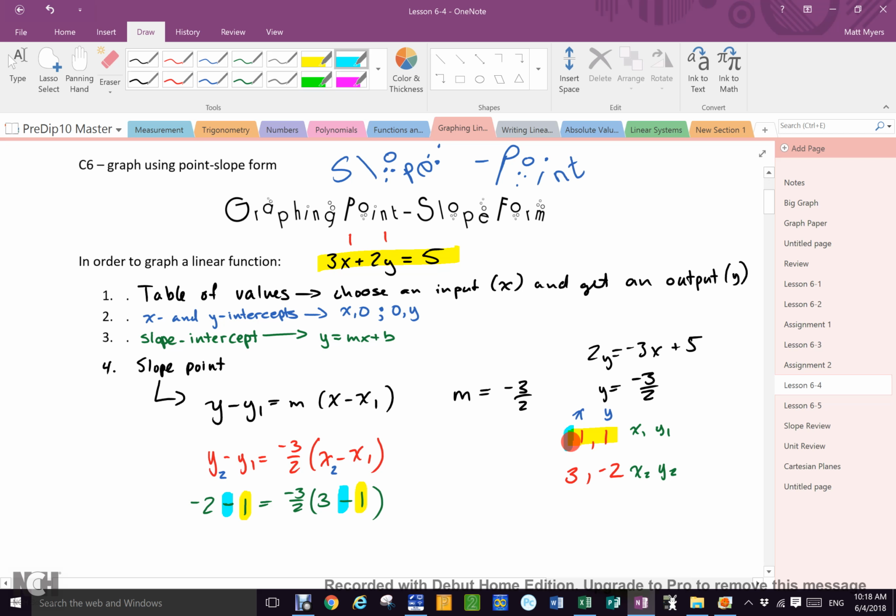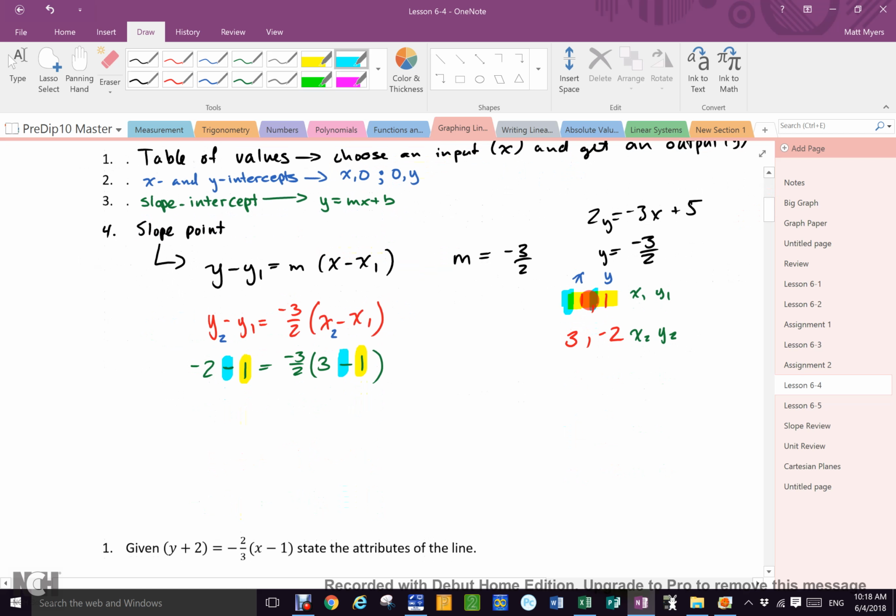And what do you notice about that and that? They're both positive. Everybody see this? Okay. So, if I only knew this point, pretend I didn't know these guys yet, then those would have to still be what? X and Y. Y and X, wouldn't they?